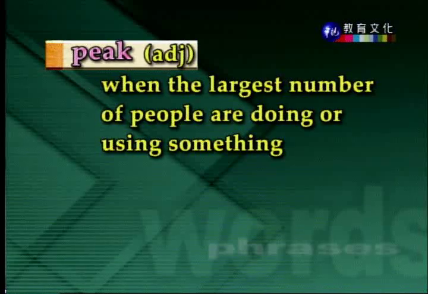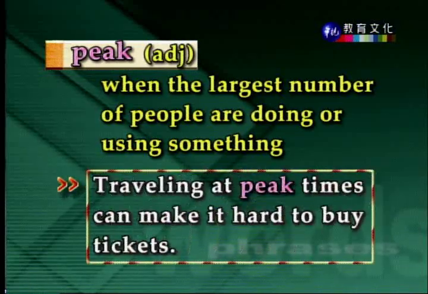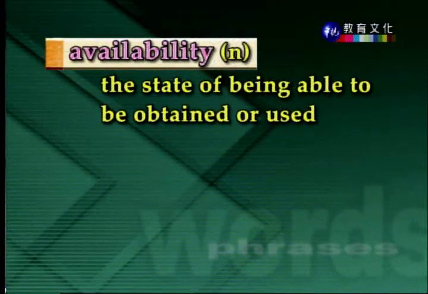Peak. When the largest number of people are doing or using something. Traveling at peak times can make it hard to buy tickets. 在繁忙的时间旅游，可能比较难买到票。Availability. The state of being able to be obtained or used.